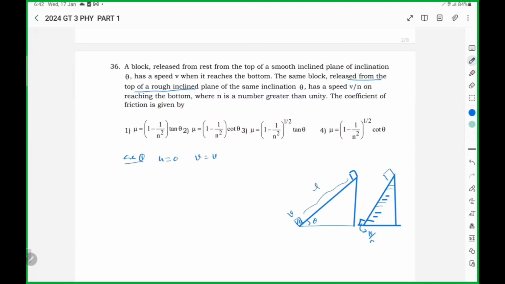Let us say L is the length of the inclination. So here it is 90 minus theta, g cos of 90 minus theta. The only force is the gravitational force component, so m a is mg sin theta, and a will be this. So V square is 2 a L, where L is the inclination length.